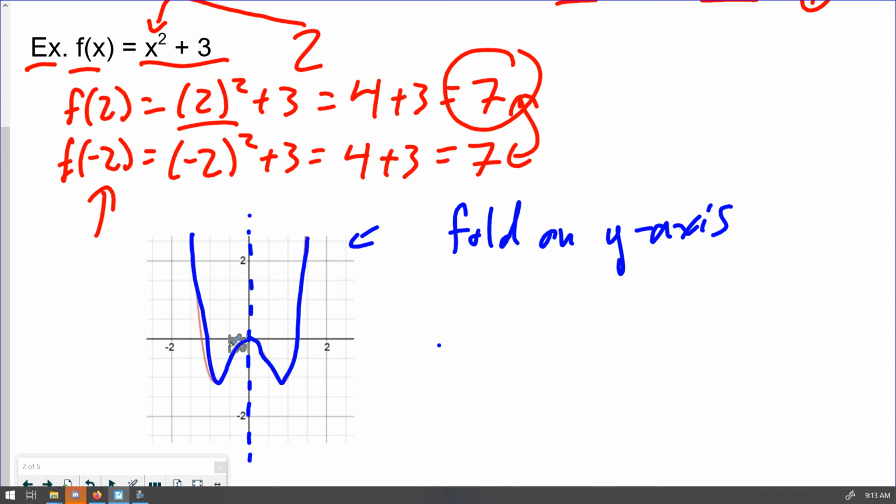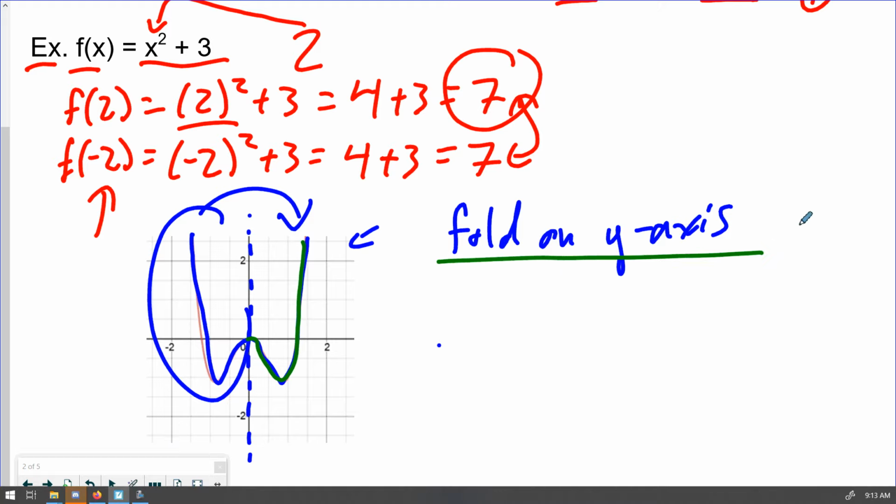So if I took this thing and mirrored it onto that side, it would look like this, and it would overlap it exactly. So if we can fold it on the y-axis and both sides match, it's even.